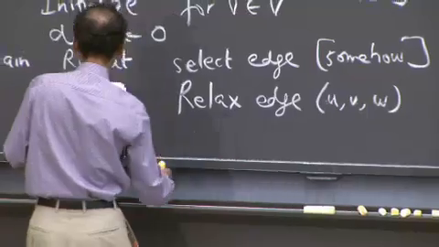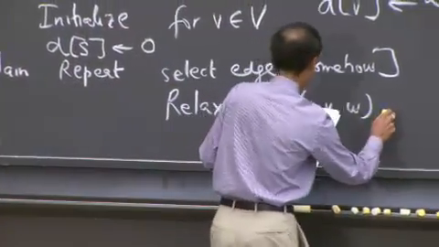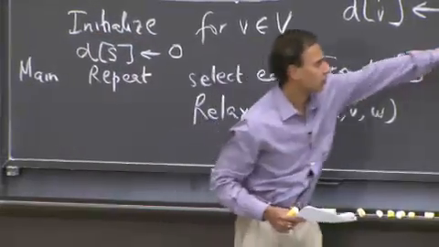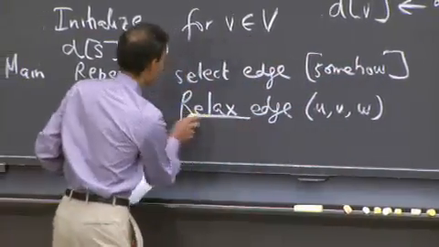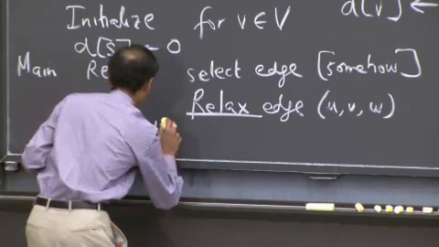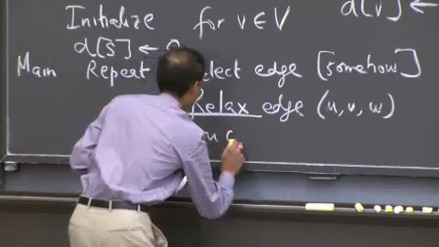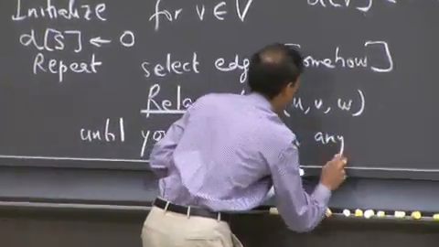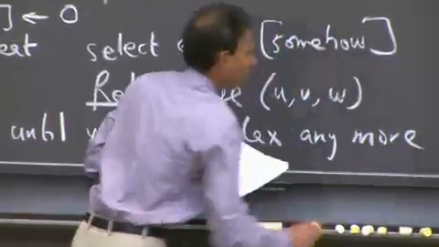And you keep doing this. The other thing that you do in the relaxation is to set the predecessor pointers to be correct, and that's part of the relax routine. And you keep doing this until you can't relax anymore. All right?